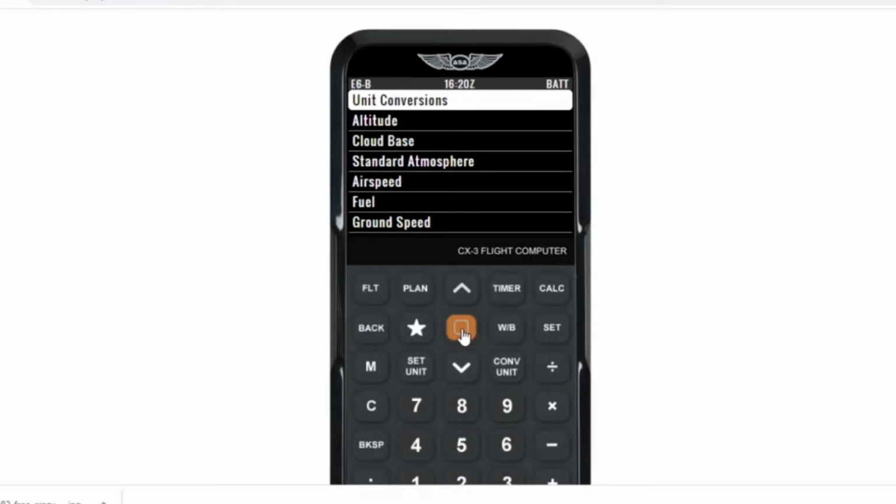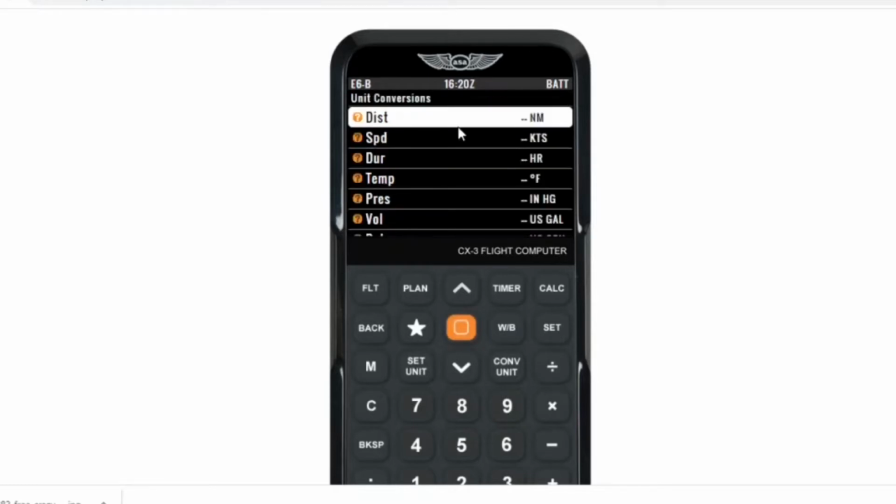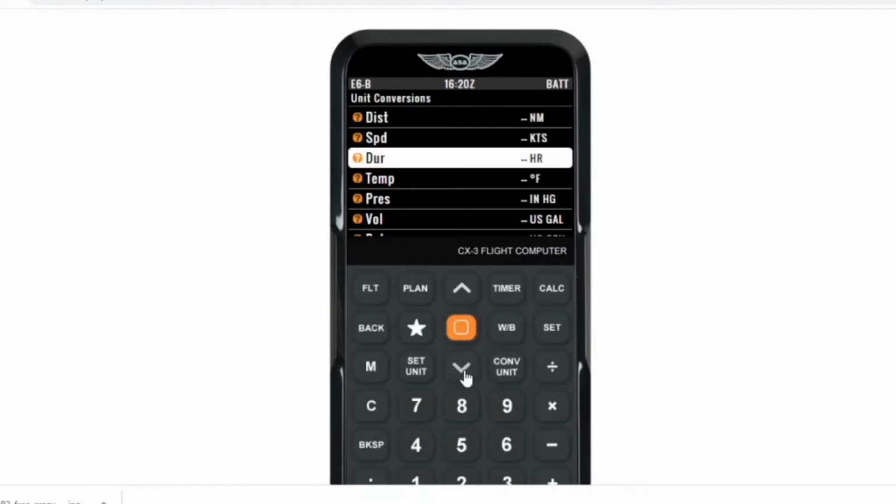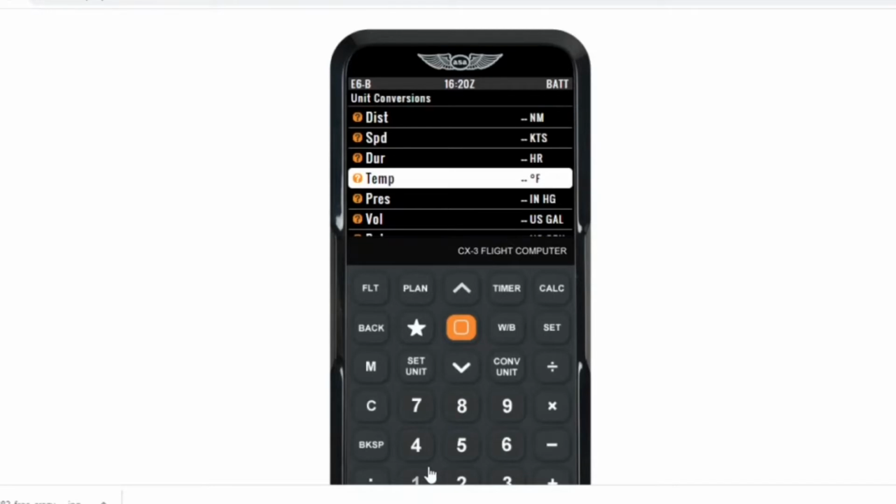Like the first menu here, the unit conversions, you can go to any of these and say temperature, and I can say that the temperature is 15 degrees and I want to convert that. I can convert 15 degrees Fahrenheit into Celsius and say, oh, it's -9 Celsius.